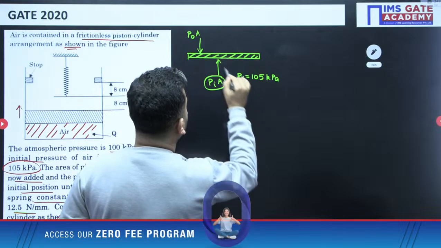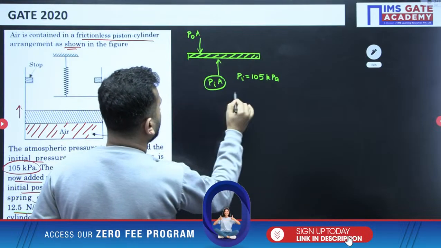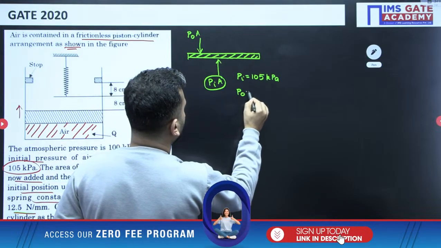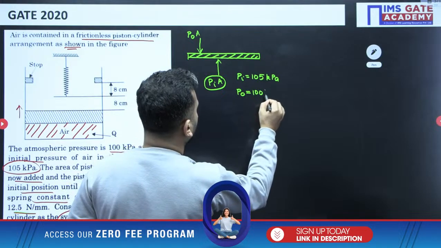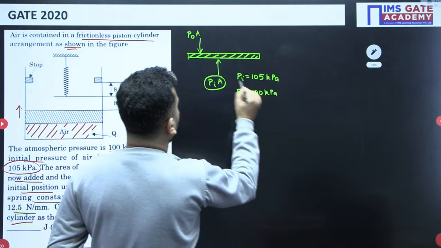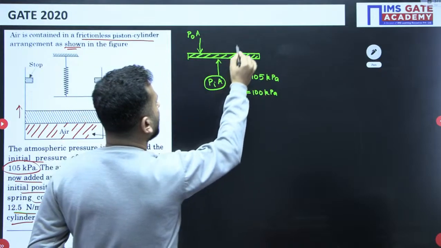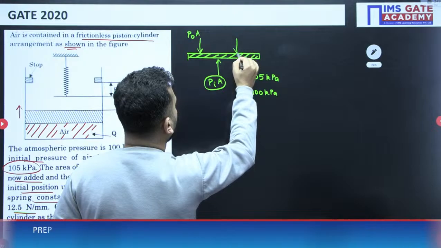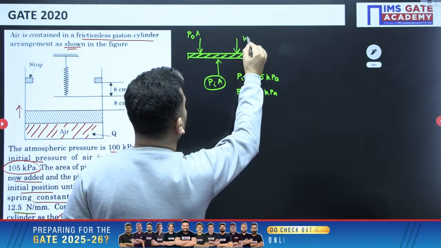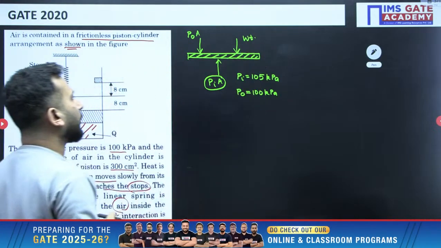So obviously 105 and 100, where is the rest of the force coming from? It is coming from the weight of the piston.